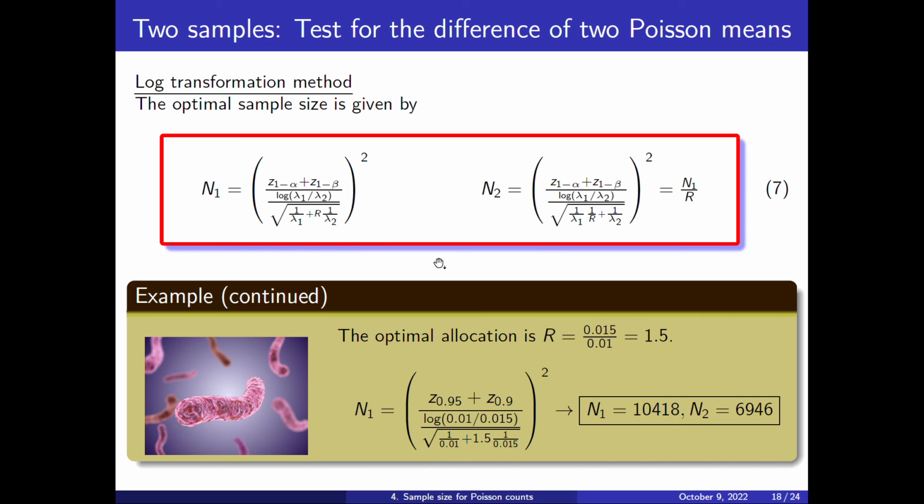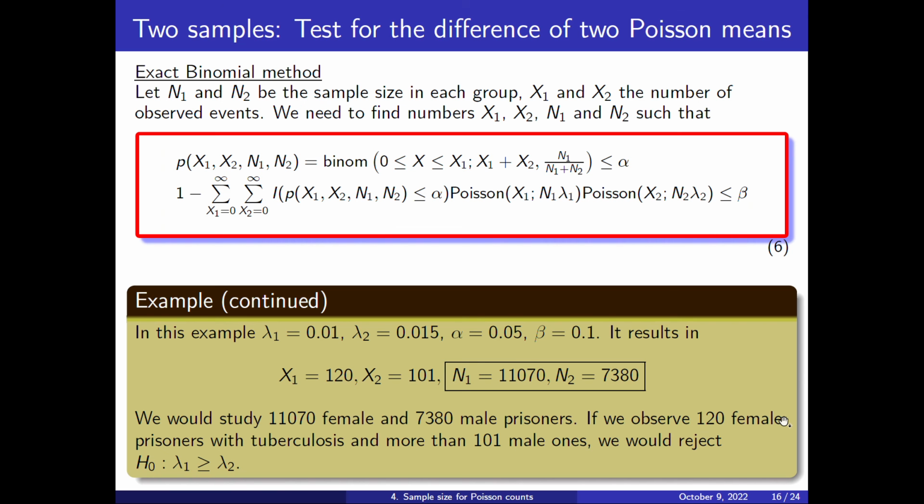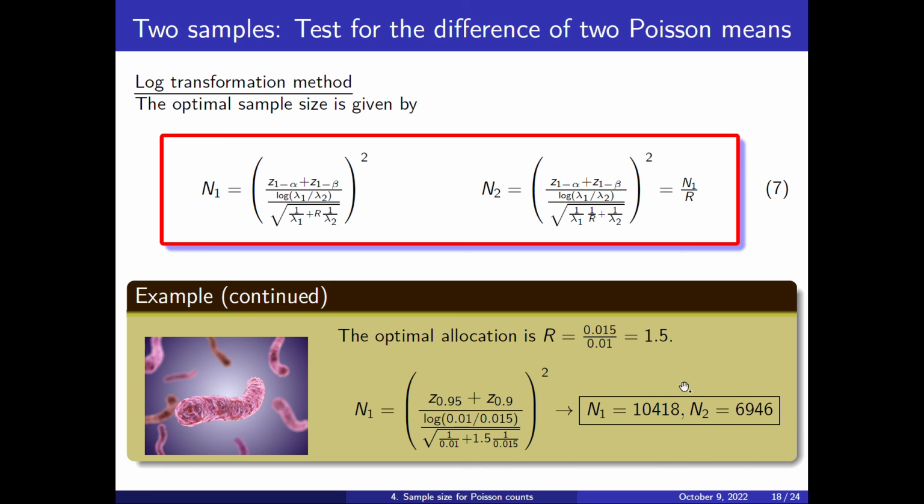And yeah, with the optimal allocation of R equal to this one, lambda 2 divided by lambda 1, that is 1.5, we have 10,000 for one of the groups, 7,000 for the other group. That is approximately what we had here. So we had 11,000 and 7,000, so it is almost there.